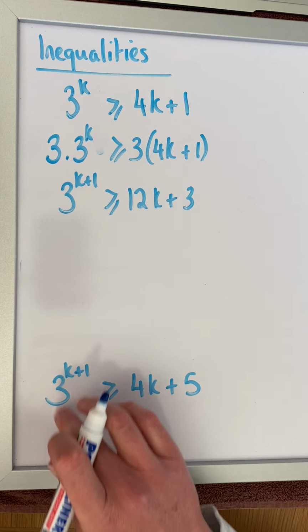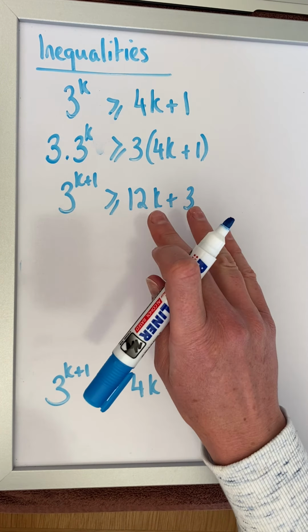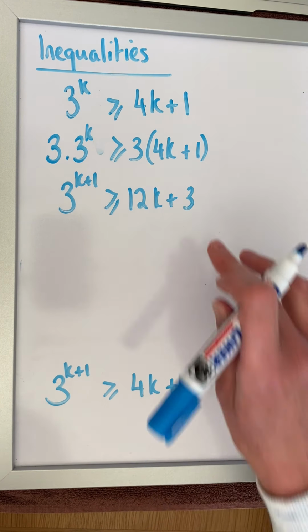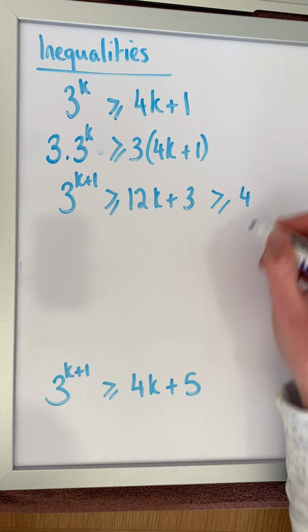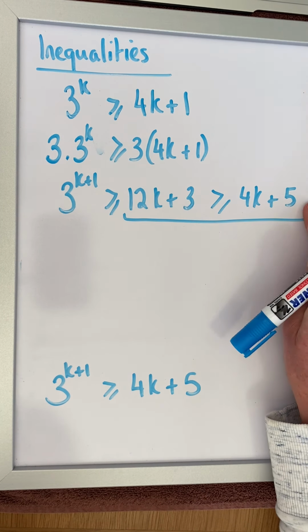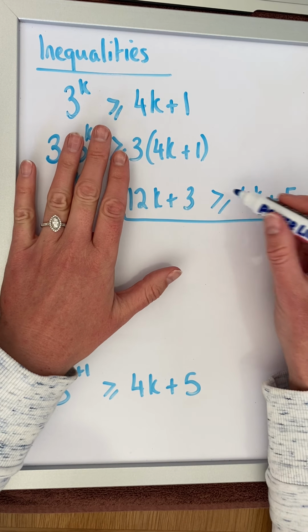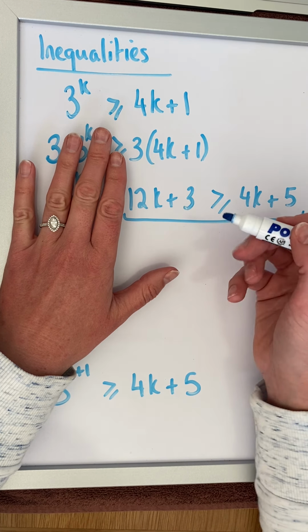So we have the left-hand side of our inequality. This is our middle ground. We now want to prove that this middle ground is greater than or equal to our right-hand side. So we add on the right-hand side over here. And we want to concentrate on this expression now. 12k plus 3 greater than or equal to 4k plus 5. What we can do here is bring all the k's to one side.